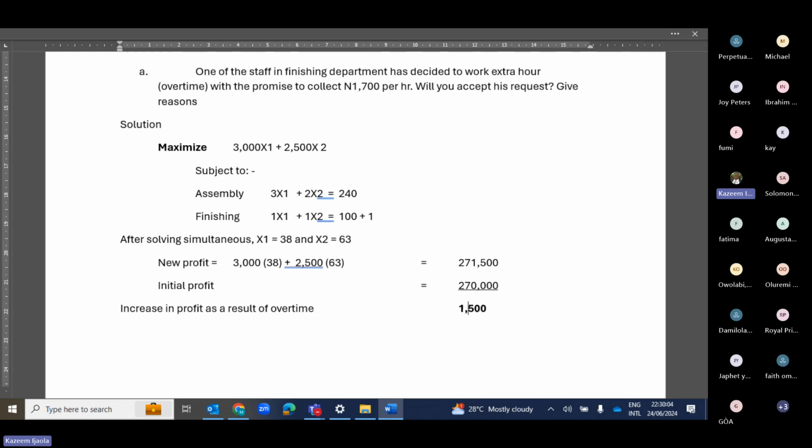We are making only 1,500 and somebody is asking us to pay him 1,700 for waiting. So decision: reject the offer since the increase in profit is less than the wages demanded. The guy is asking for 1,700, whereas you are only going to make an additional 1,500. So you have to reject the offer.